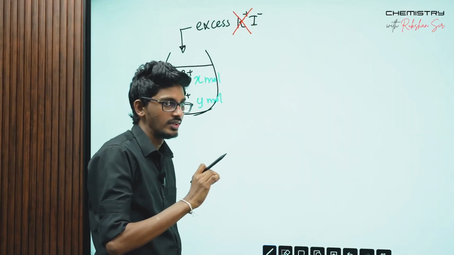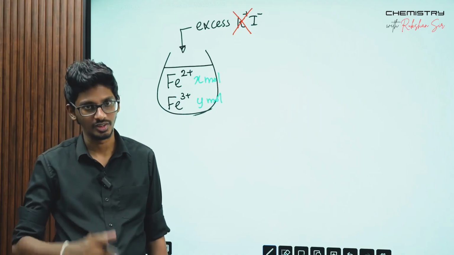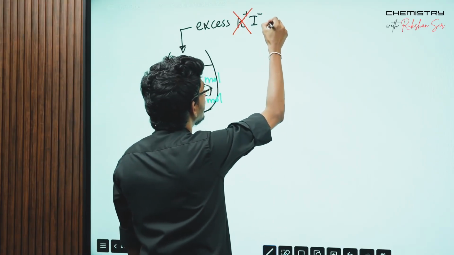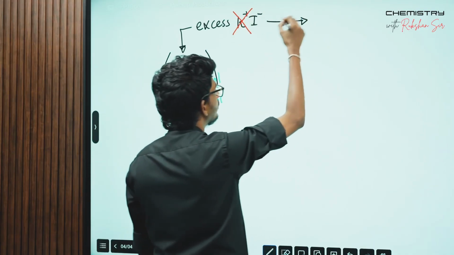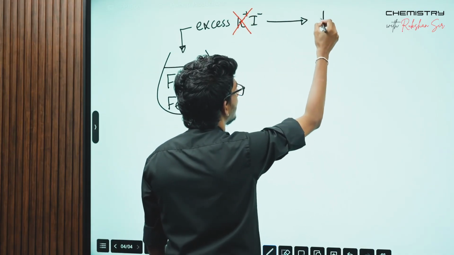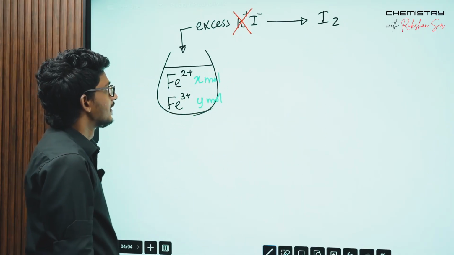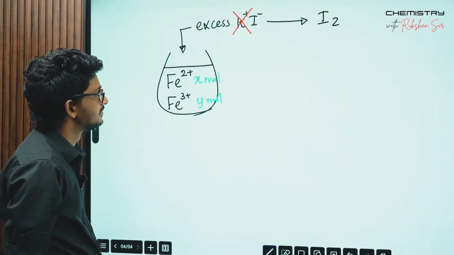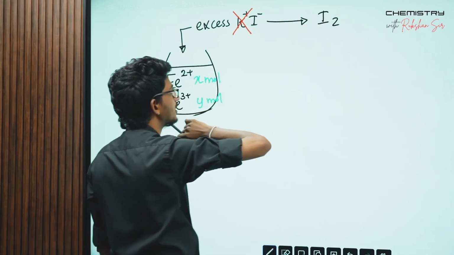It will produce only the X minus form or the X2 form as products in these redox calculation procedures. So the I minus, as this is the X minus form, will form the X2 form, the I2. That is the only possibility for the halogen.